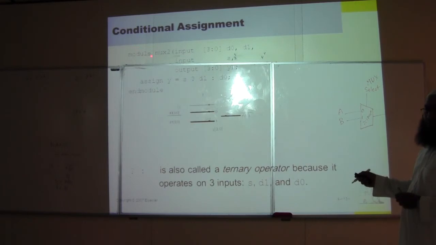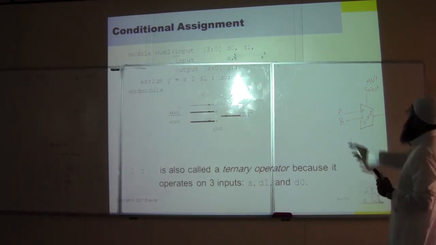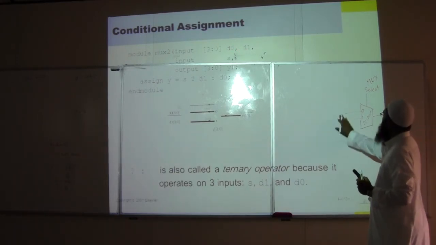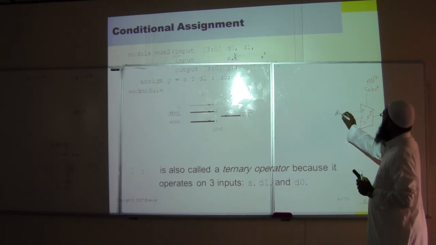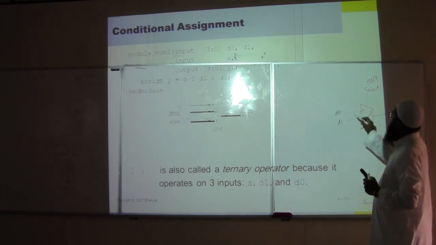Module, space, this is the name of the module, mux, the 2 input mux. So we give the name mux2. Input is 4 bits, D0, D1. So here we have D0, D1, each 4 bits.